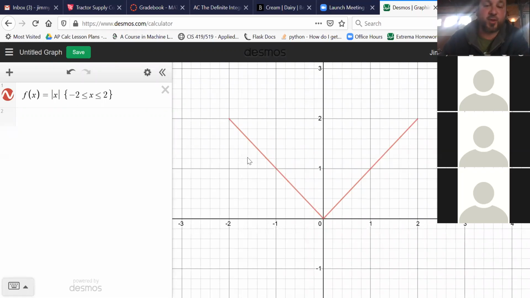This triangle over here also has an area of 2. So the total combined area underneath this curve is 4, because you add the two together. So that's the area underneath the absolute value of x within this interval.